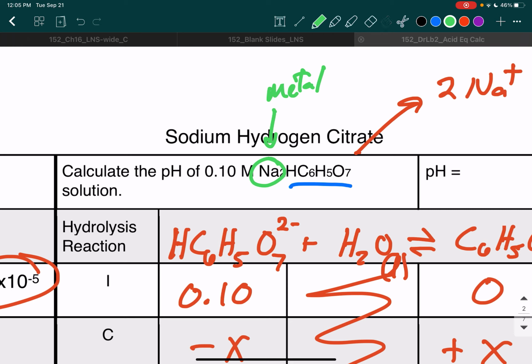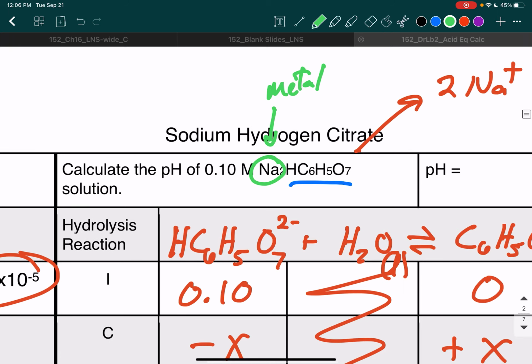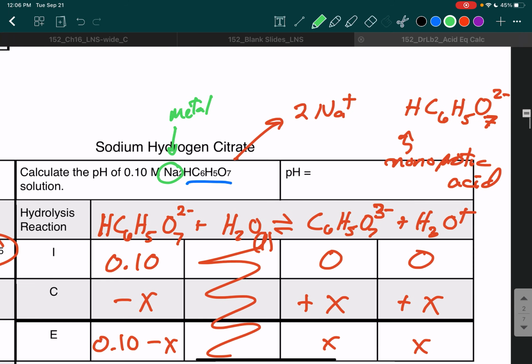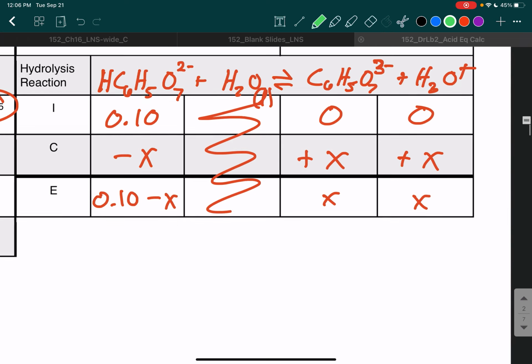That's how we knew that hydrogen citrate had a charge, and actually a -2 charge based on the formula. You can use that little flip-flop rule like we did back in chapter 4.